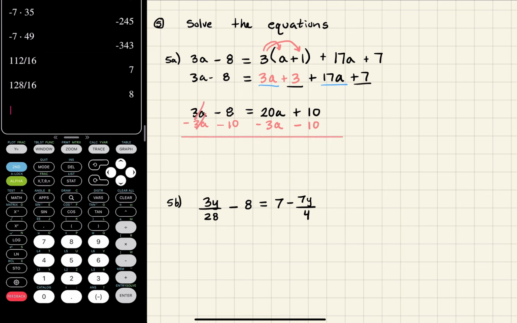So the 3a gets canceled over here because 3a minus 3a is 0. The 10 will get canceled over here, and we'll have a negative 18 equals 20 minus 3 is 17.